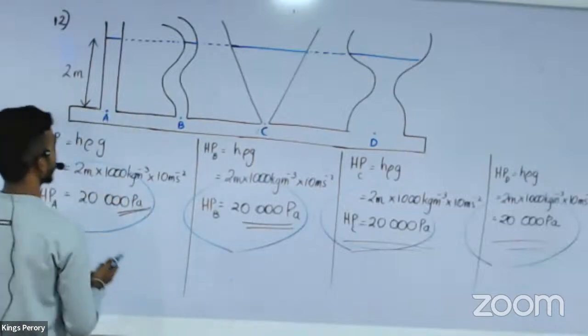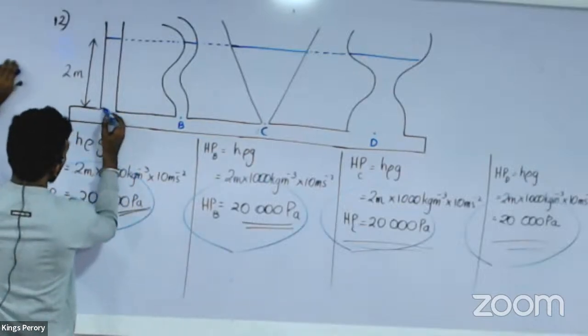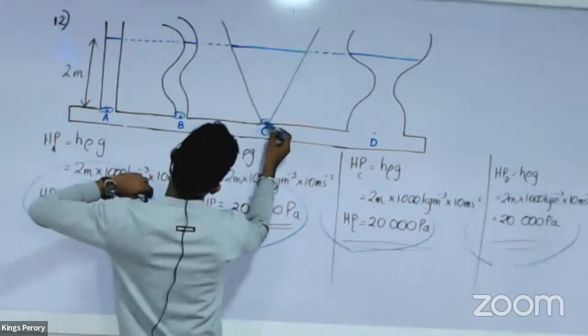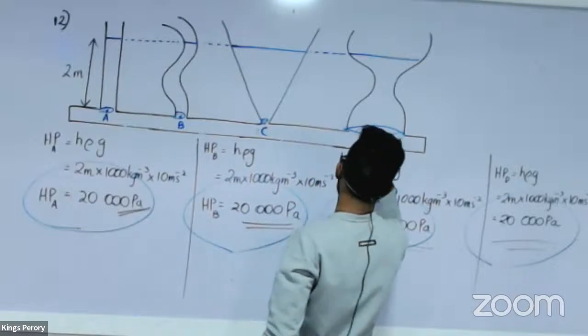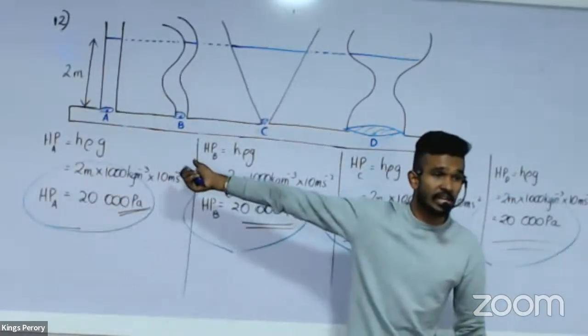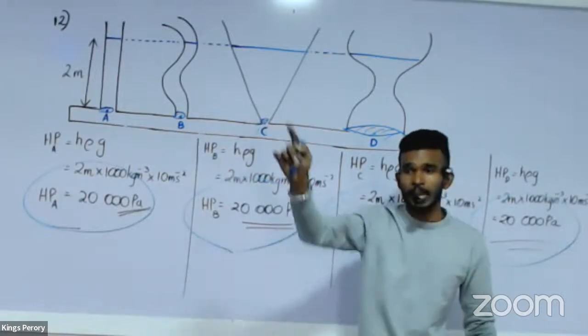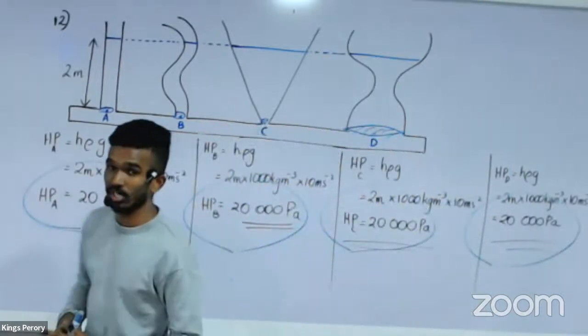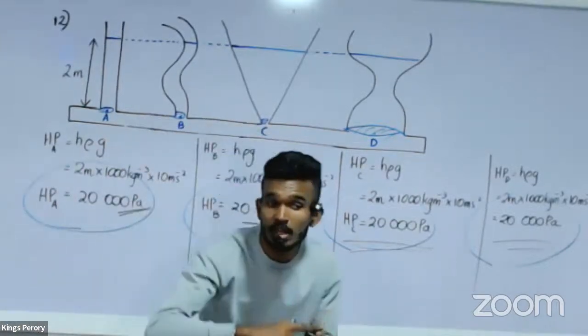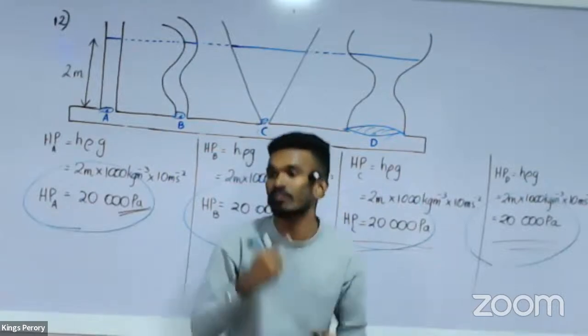Shape of the vessel means actually what are we talking about? Area. Here the area, here the area, here the area, here the area. Areas are different. Even though areas are different, is hydrostatic pressure different? No. So remember, hydrostatic pressure does not depend on the shape of the vessel and does not depend on the area of the vessel.